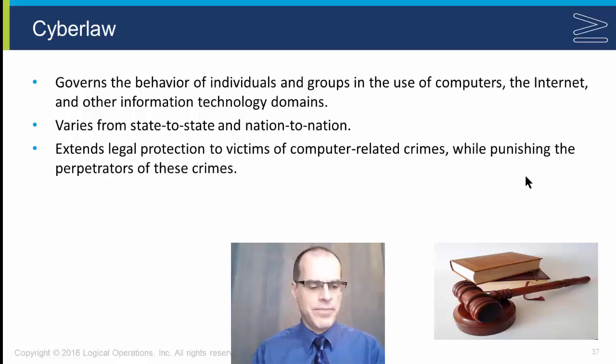Now, as an example, in the United States, there is a law which is the U.S. Computer Fraud and Abuse Act, which is in Title 18 of the U.S. Code. This is Section 1030. And basically it prohibits accessing computer systems without authorization.